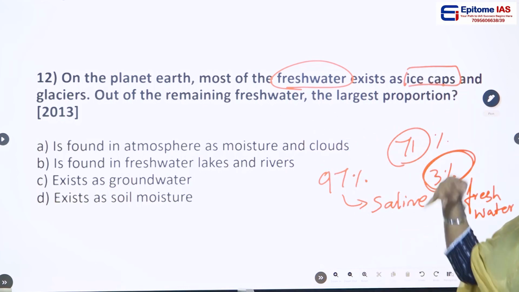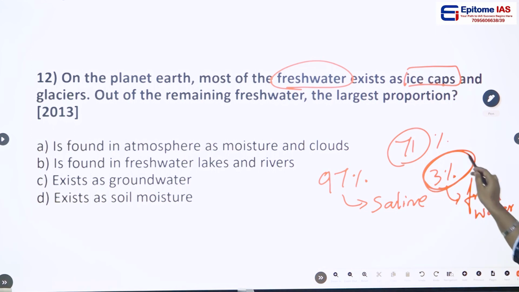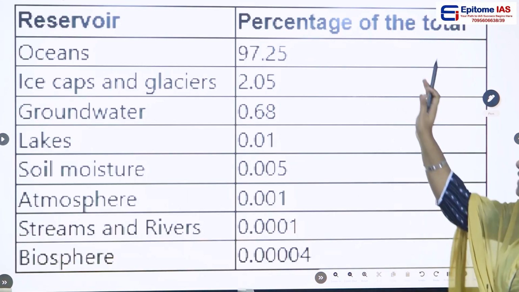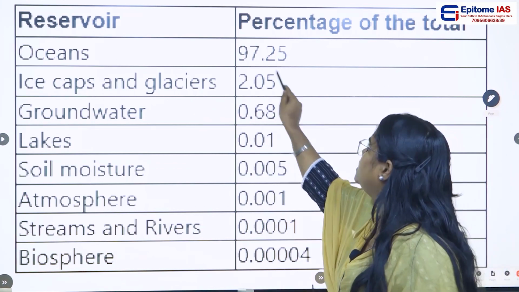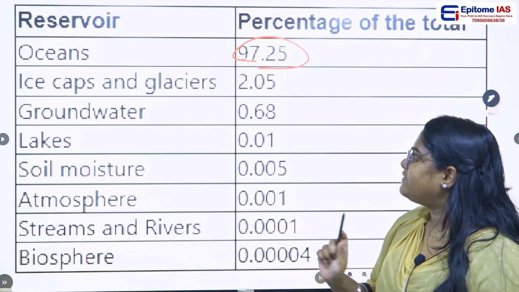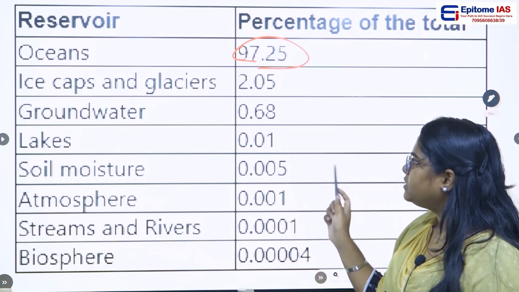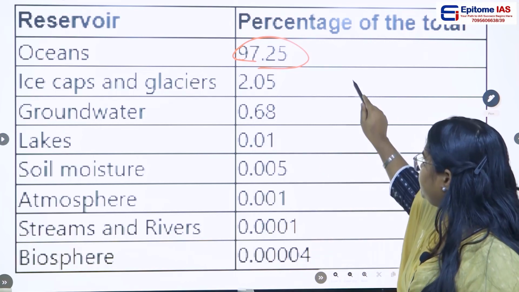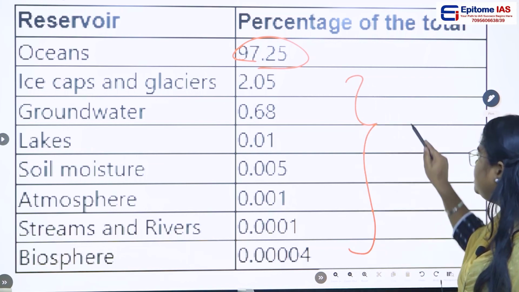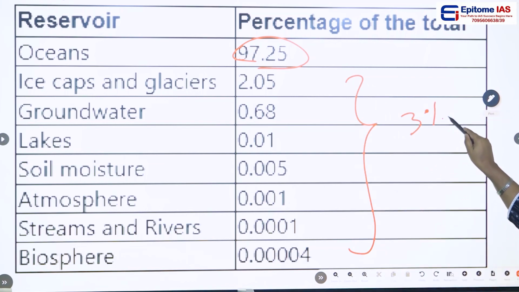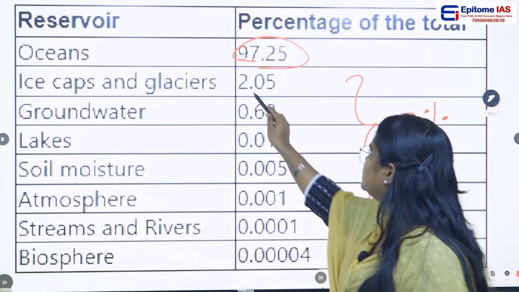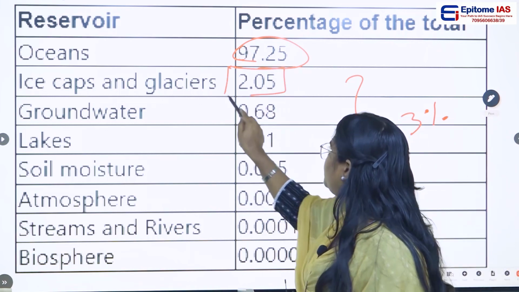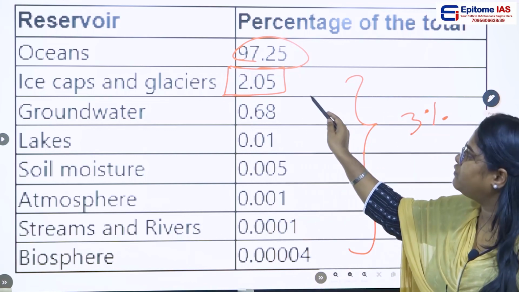So what is the second largest component of this fresh water? If you see here, they have clearly given the percentages. Obviously, we know that the oceans contain about 97% of the water, that is the saline water. But apart from that, the other 3% of the water is fresh water. So the ice caps and the glaciers contain around 2.05% of water.